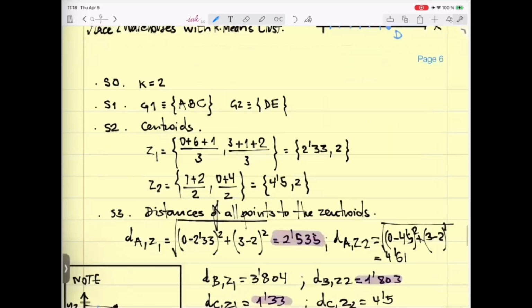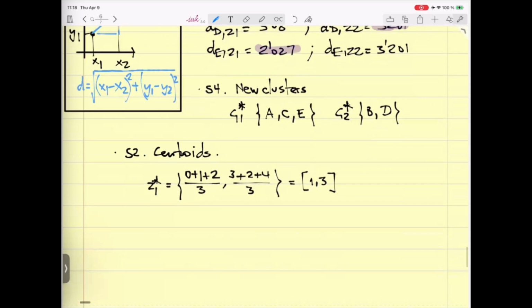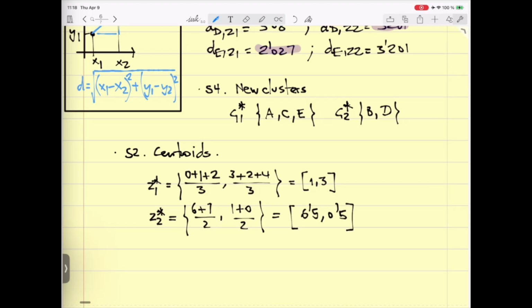You will see right now. Our second centroid is going to be 6.5, 0.5, because it's the middle point between the two we're looking for, right? So 6 plus 7 divided by 2 and 1 plus 0 divided by 2. So this is geometrically the middle point of the two in the group, which is logical. We just place the warehouse in the middle of the two factories to deliver to them.